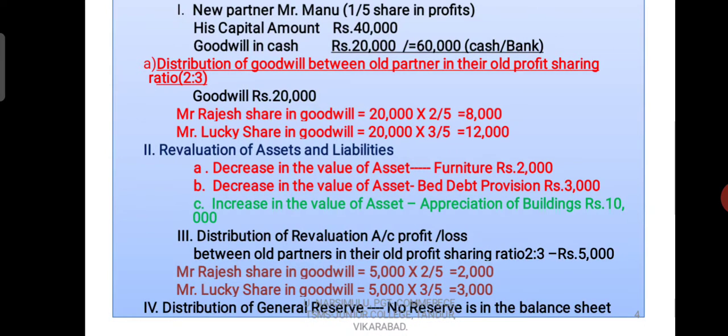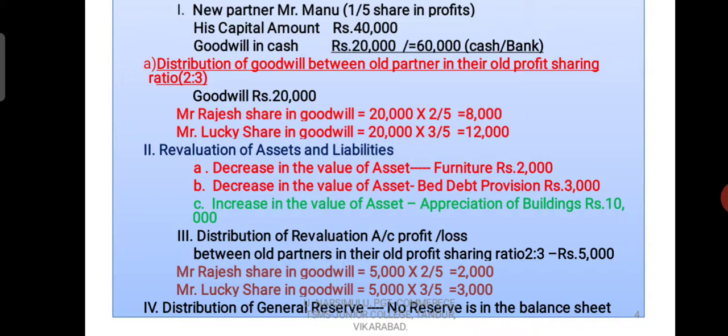Now the last step is distribution of general reserve. In this problem there is no general reserve, so you need to think of this point, but generally this is the way to make the working notes for the given problem.